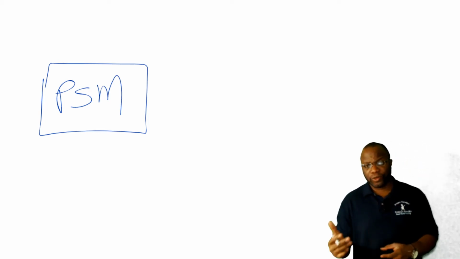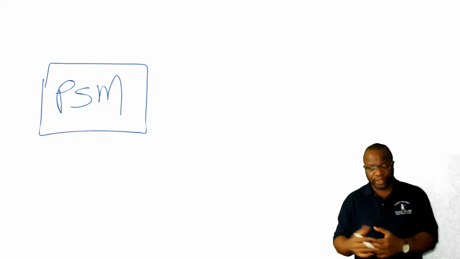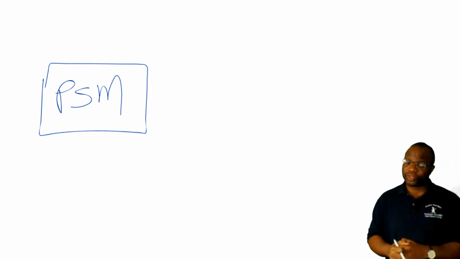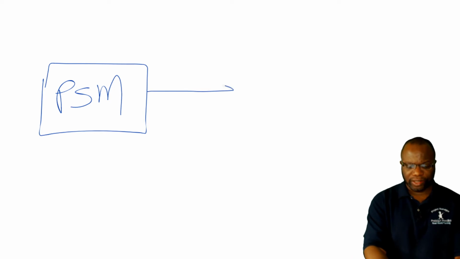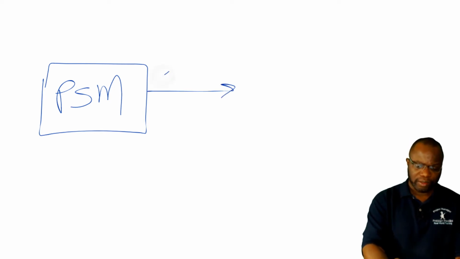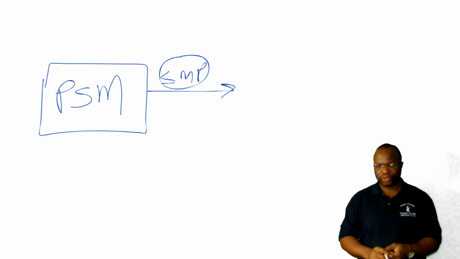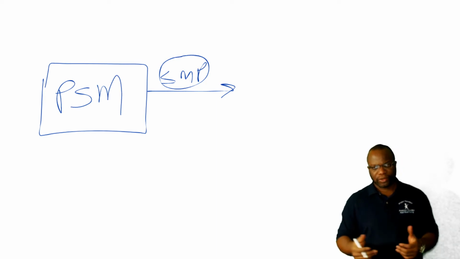So plan scope management, plan schedule management. This is a second one like that we're taking a look at. And in plan schedule management, just like the other ones, we get a knowledge area name management plan. In this case, it's a schedule management plan. Let's call it your SIMP.